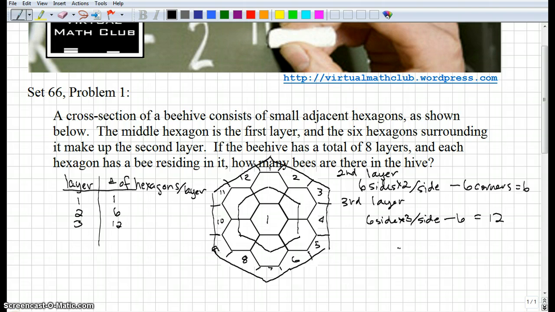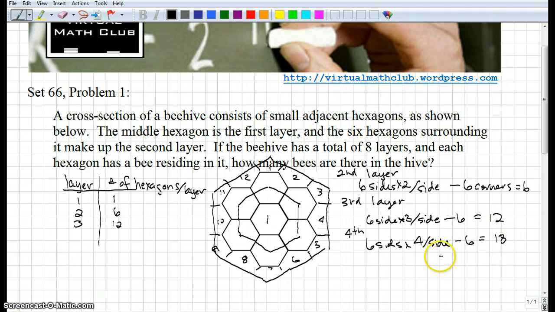So we could follow that pattern and see what the fourth layer would have. The fourth layer would again have 6 sides, but I'm not going to draw it out. You can kind of imagine. It gets kind of messy for me to draw it all out. We have 6 sides times 4 hexagons per side, and then 6 corners. So we get 24 minus 6, and that gives us 18.